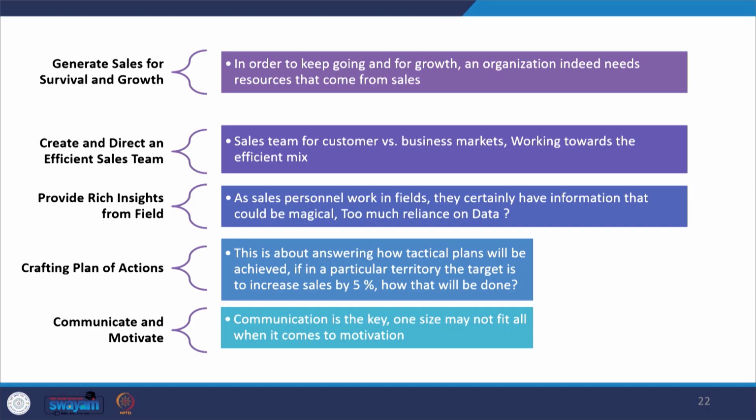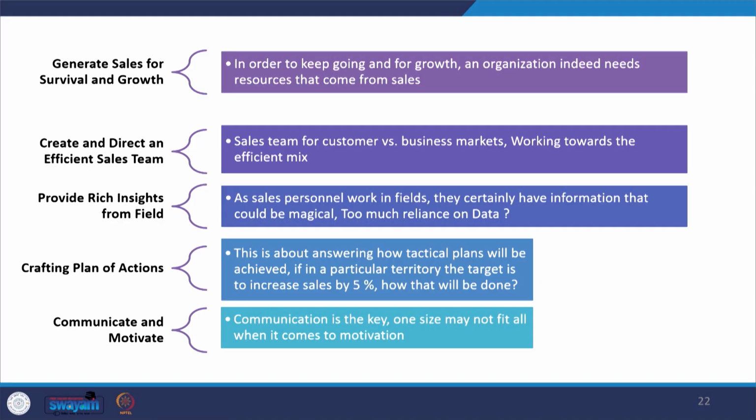Another important facet of the tactical role of sales management is providing rich insights. As salespersons work in the field, they are the only ones who get to the nerves of customers and can clearly pinpoint what the customer wants. I'll give you an example of how too much reliance on data may not work out sometimes, though the example is very micro in nature.